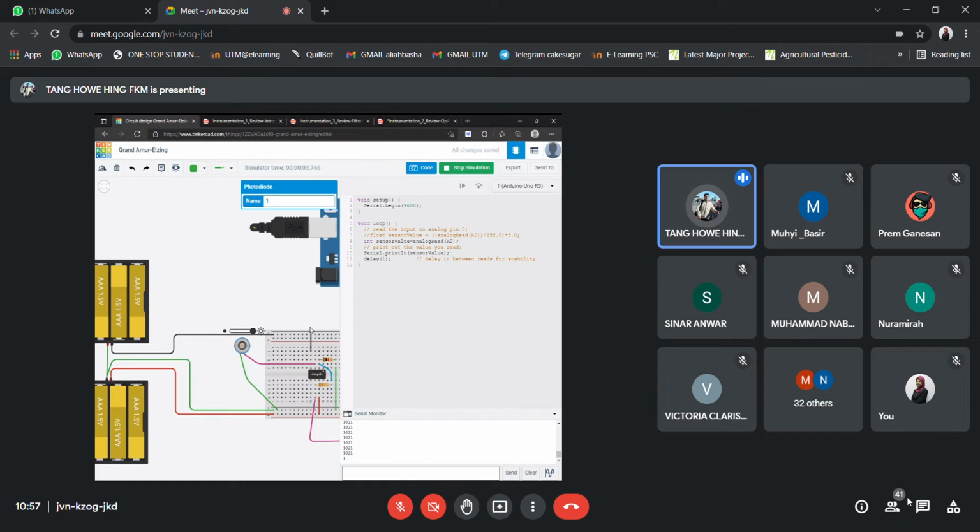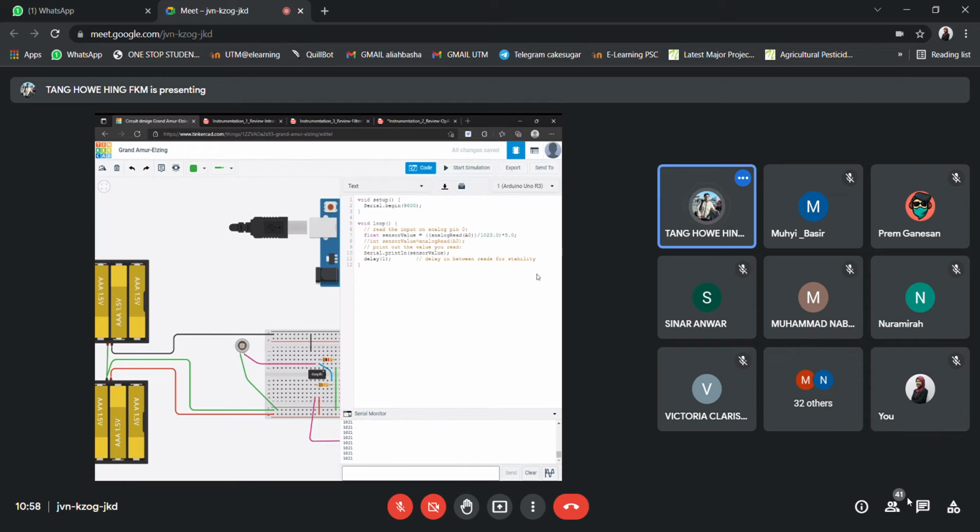Oh, okay, analog input is actually up to 1023. Sorry, yeah, the maximum value is 1023, so it shouldn't be divided by 255. Okay, yeah. Supposedly it should be 1023.